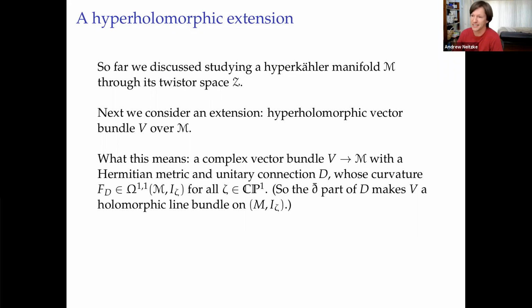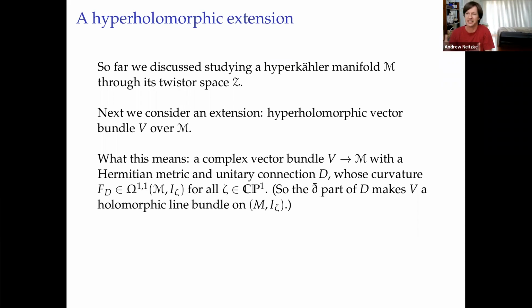So let me remind you what a hyperholomorphic bundle even is. You just have a complex vector bundle over your space. The underlying space is hyperkähler; you assume you already have that hyperkähler structure in hand. Then you give a complex vector bundle over that space with a metric and a unitary connection. And this connection is supposed to have the miracle property that its curvature is of type 1,1 in all of the different complex structures.